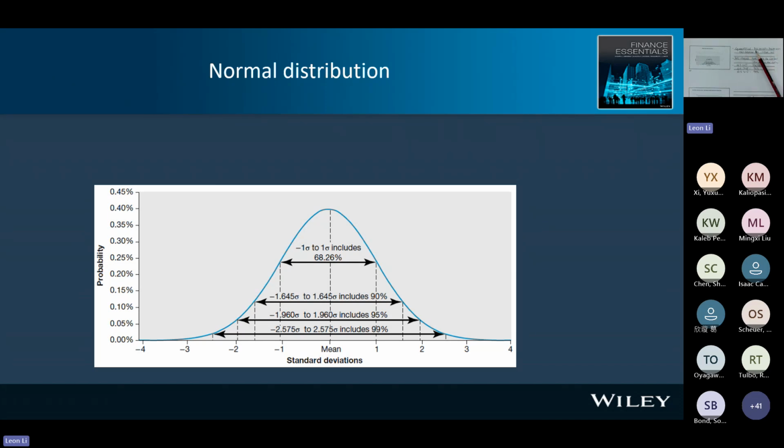ER is our expected return, or the mean. In the final discussion, we use mu to stand for ER. So the probability lower than ER is equal to the probability higher than ER. So symmetrical, right? Normal distribution.